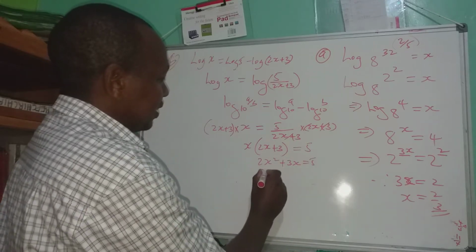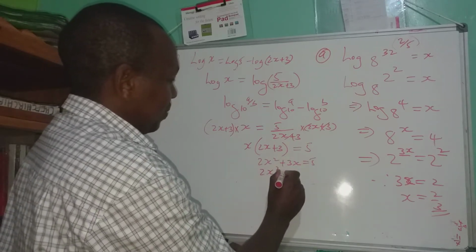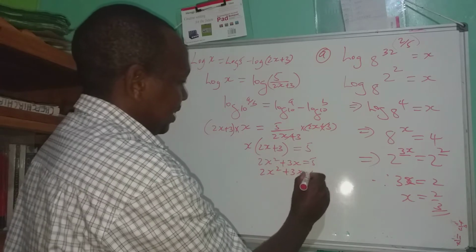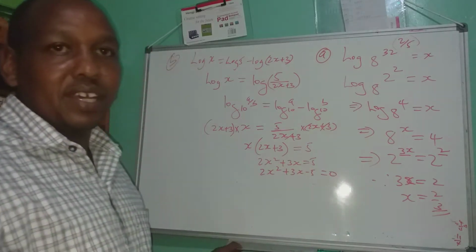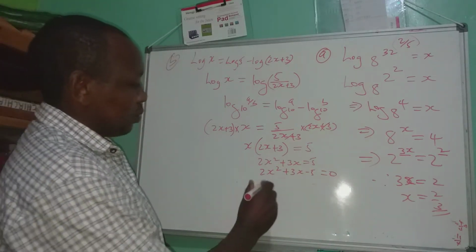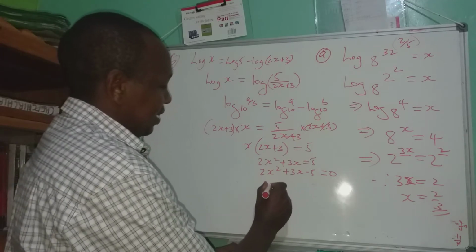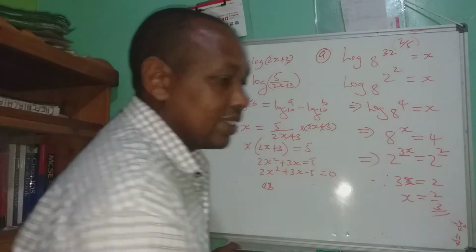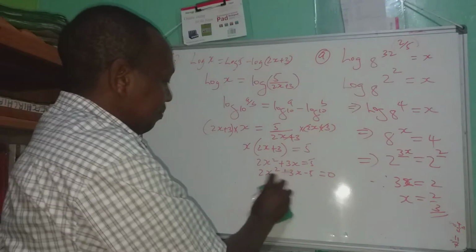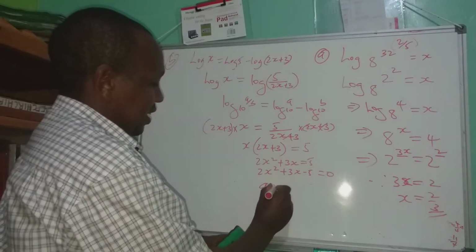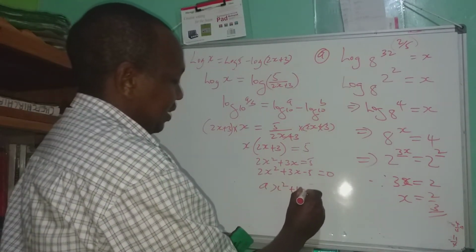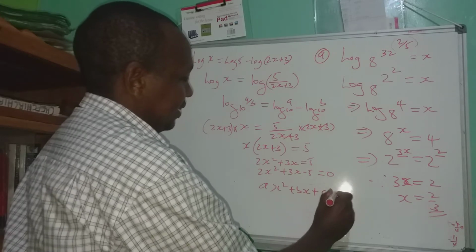This is a quadratic equation of the form 2x squared plus 3x minus 5 is equals to 0. If you remember the quadratic equations, this is in the same format as ax squared plus bx plus c is equals to 0.